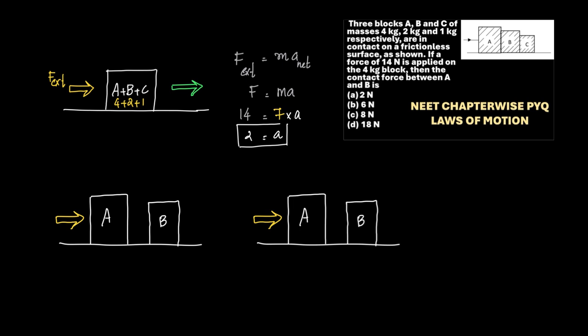What happens is, when F external is given, A comes and collides with B. Say this is what we get.